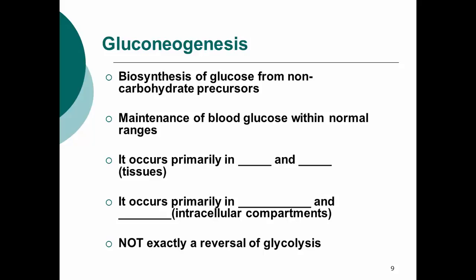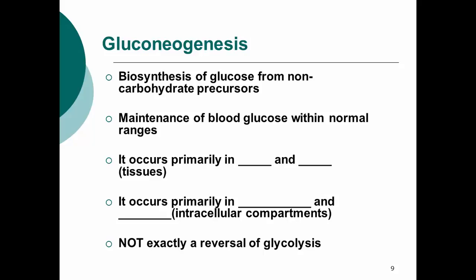What is the main function? Why do we need to do this? To produce glucose and maintain glucose levels, right? When we need to maintain glucose levels, we add glucose to the circulation.